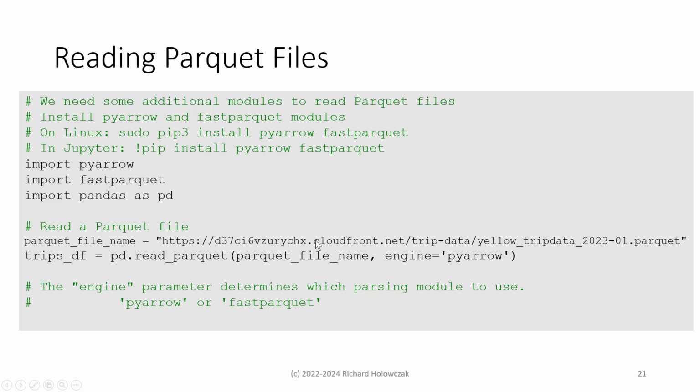Here I used a URL, this is the taxi trip data as a Parquet file, and you can specify the engine option here. So here we're using PyArrow to load in that Parquet file from the URL, and that will put us directly into our data frame.